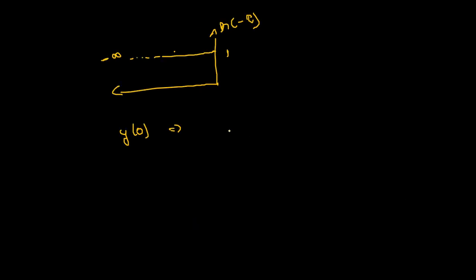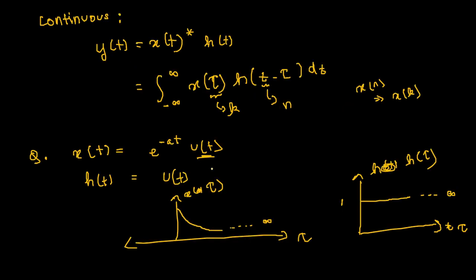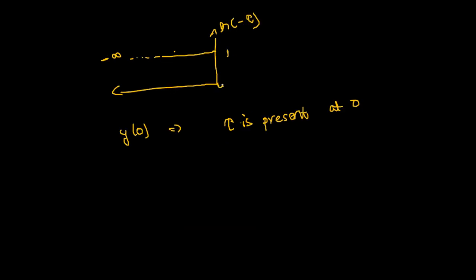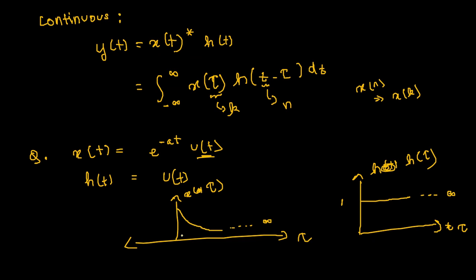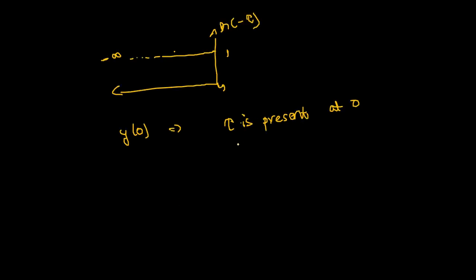So tau is present at 0. So next what we do is let's shift this by 1 unit. Upon shifting it by 1 unit, tau is present from 0 to 1.